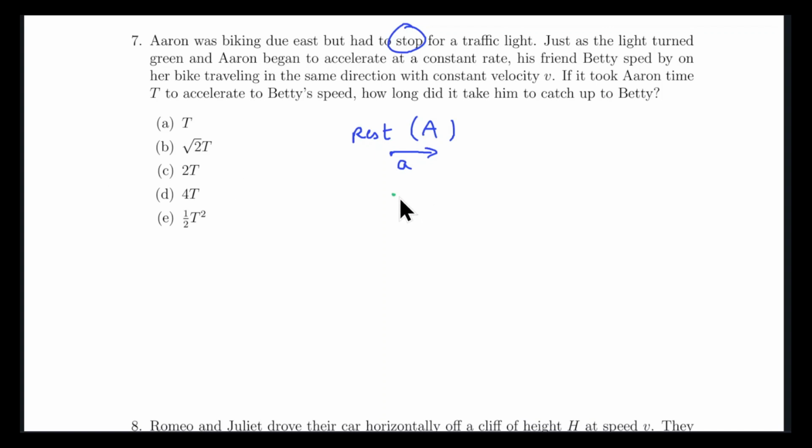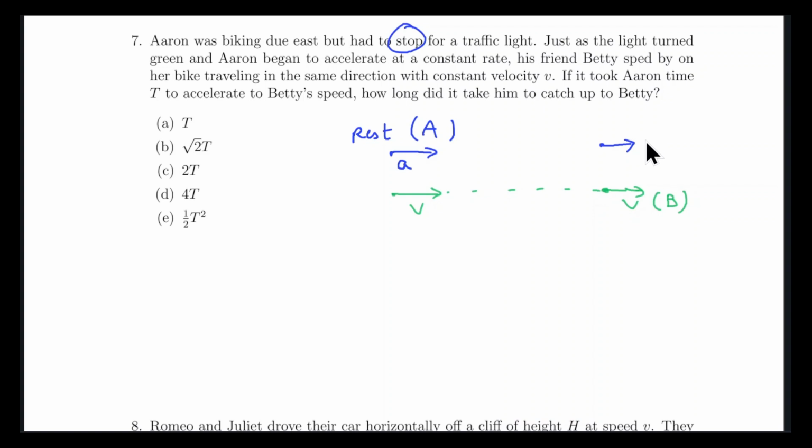And she's traveling at a constant velocity, so that's good news. And it took Aaron time t to accelerate to Betty's speed. So let's say after this time, when Betty was still traveling with the speed v, Aaron is also able to catch up.